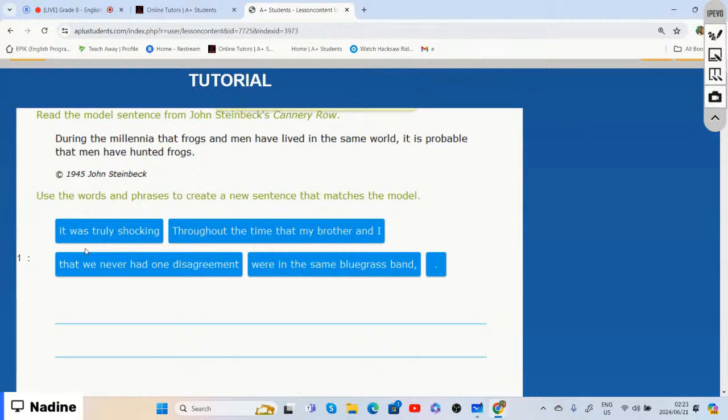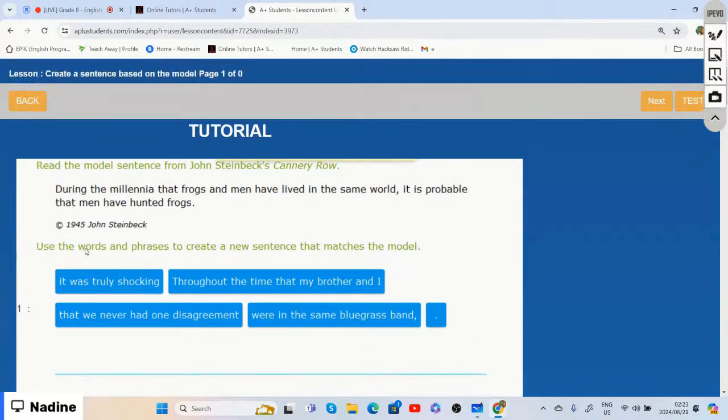This is where we are going to be reading the model sentence from John Steinbeck's Cannery Row. Then we are going to use the words and phrases given to create a new sentence that matches that specific model sentence, right?